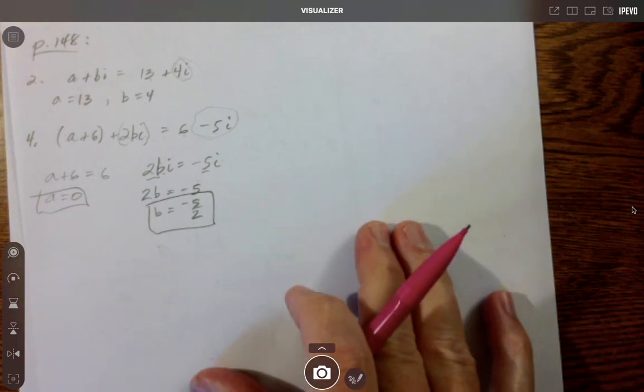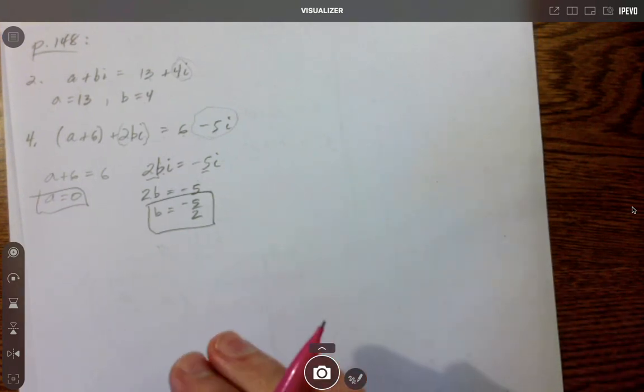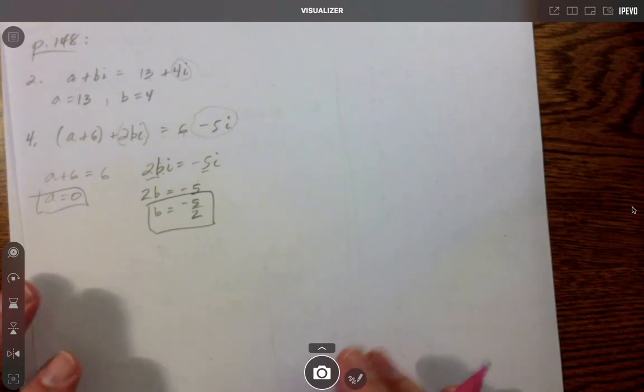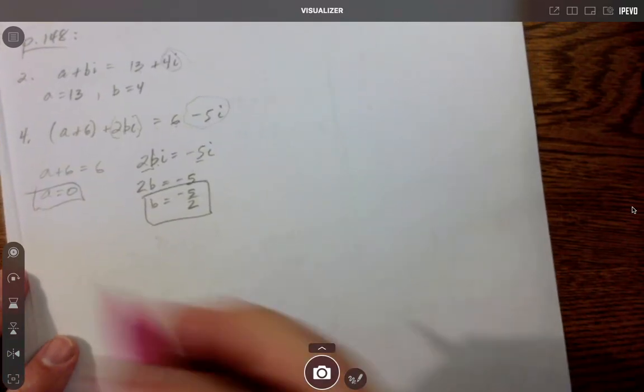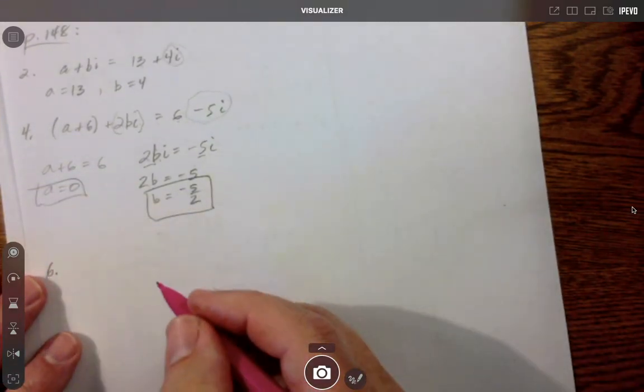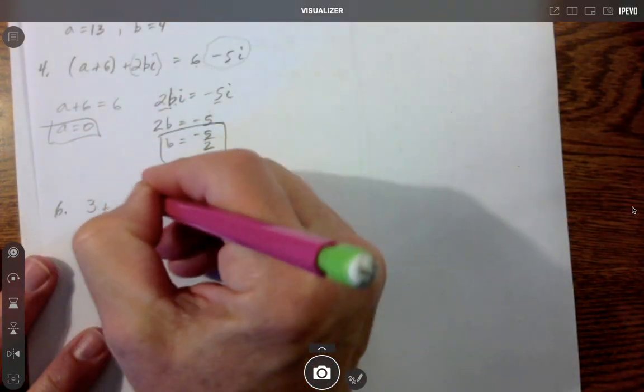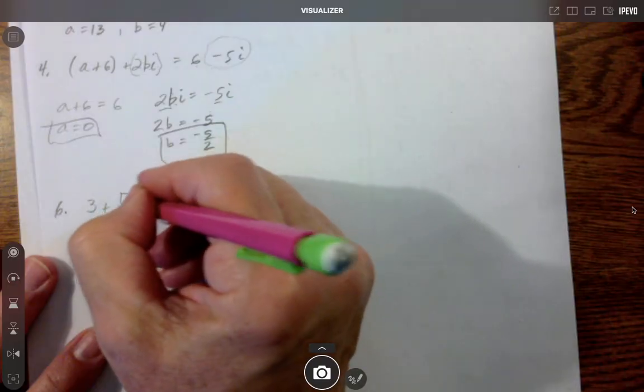In the next part, it says write the complex number in standard form. All right, so I'm going to do number 6. And number 6 says 3 plus the square root of negative 16. Okay.